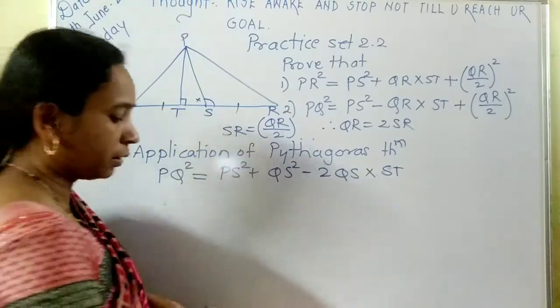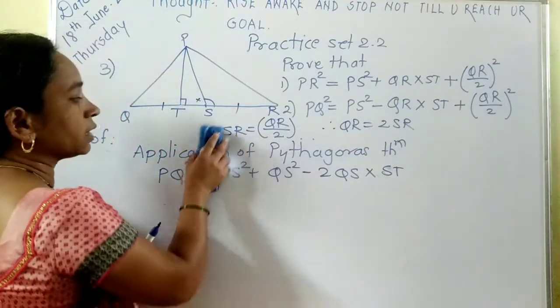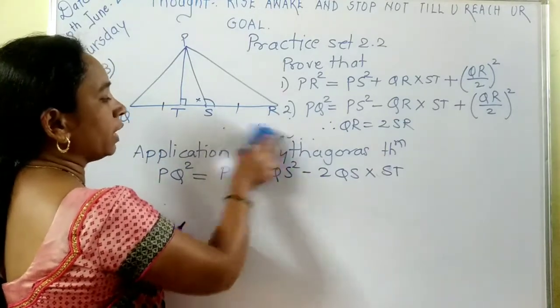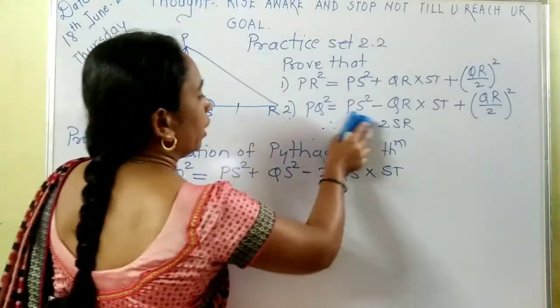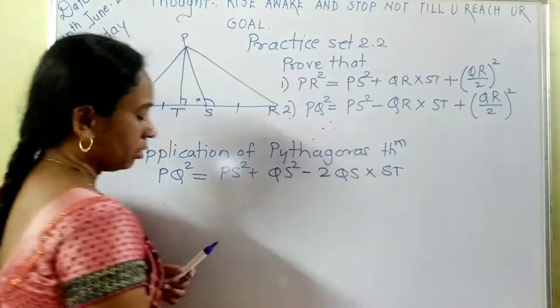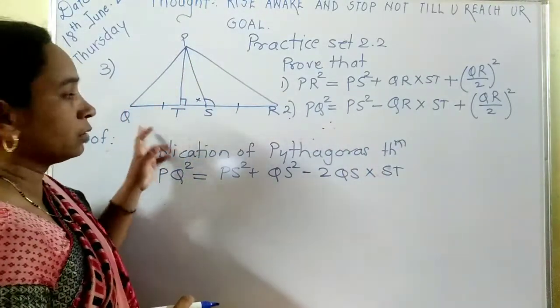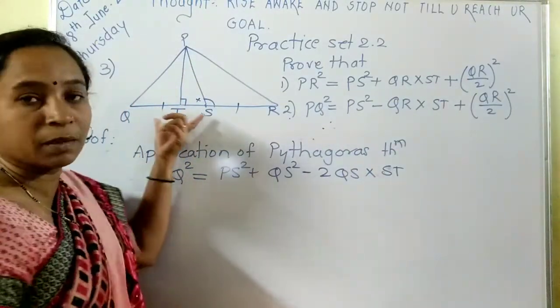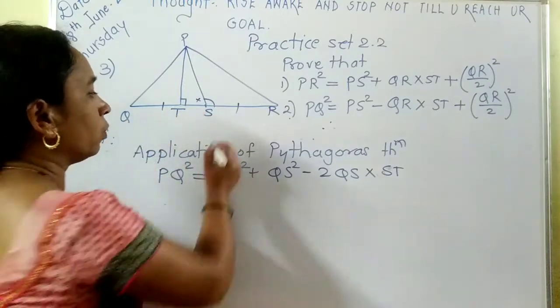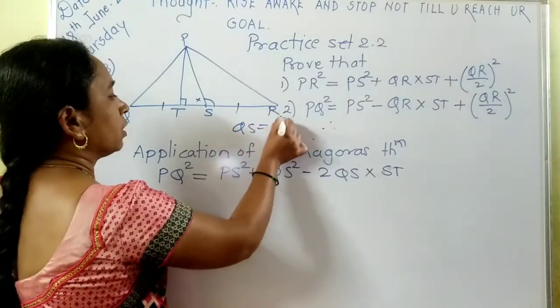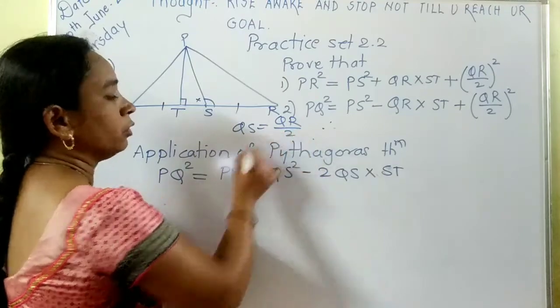So similarly, previously we have seen the SR's relation. Now to prove this, I need the relation of SQ with QR. S is a midpoint. So again QS is nothing but half of QR, that is QR upon 2.